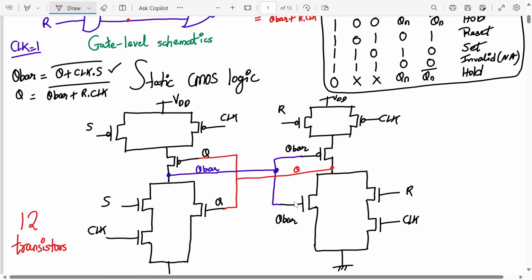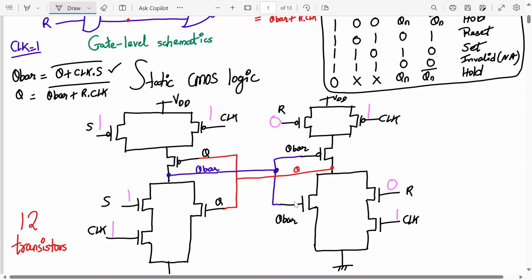So clock is 1, S is 1, and R is 0. So tell me, this upper one will be off because these are PMOS, and this will be on.